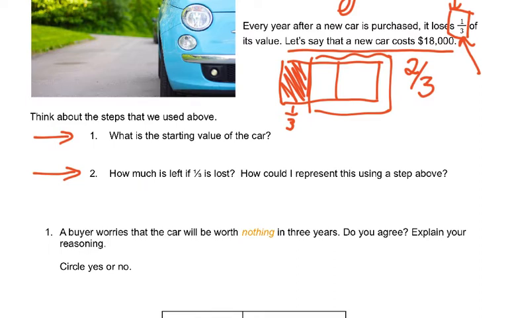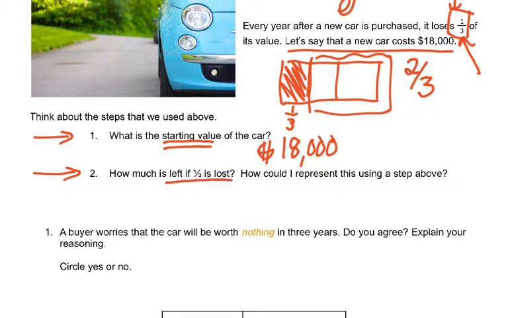All right, so let's now answer some questions. Question 1. What is the starting value of the car? It's given to us in the problem. The new car costs $18,000. That's how much it cost this person. How much is left if I lose 1/3?